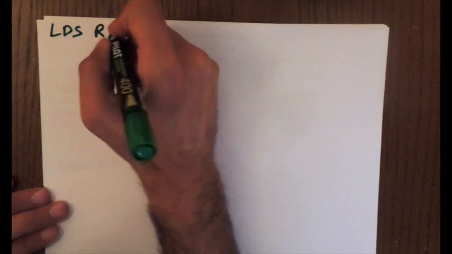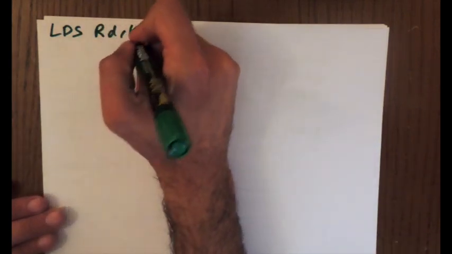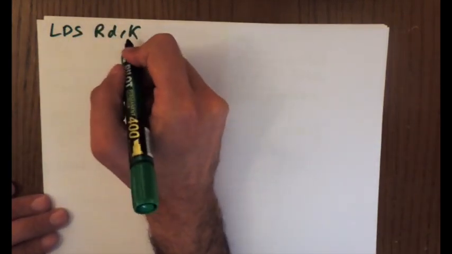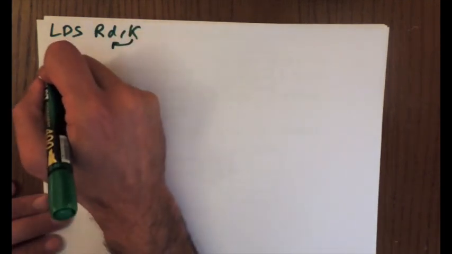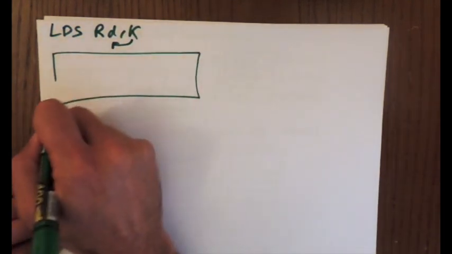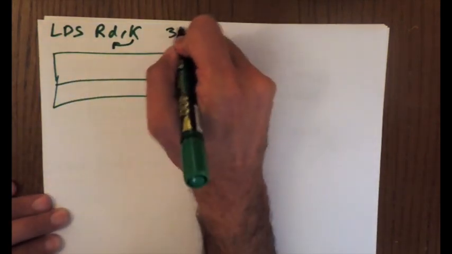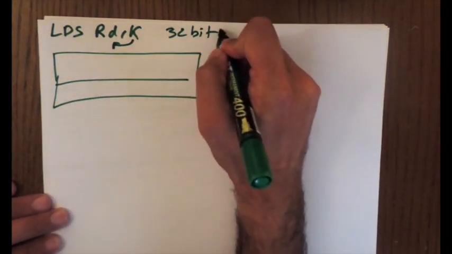The same situation happens for LDS. It's also like STS. So LDS Rd, K, and remember LDS reads from a memory location into Rd. The layout for changing into binary, again, is a 32-bit instruction.